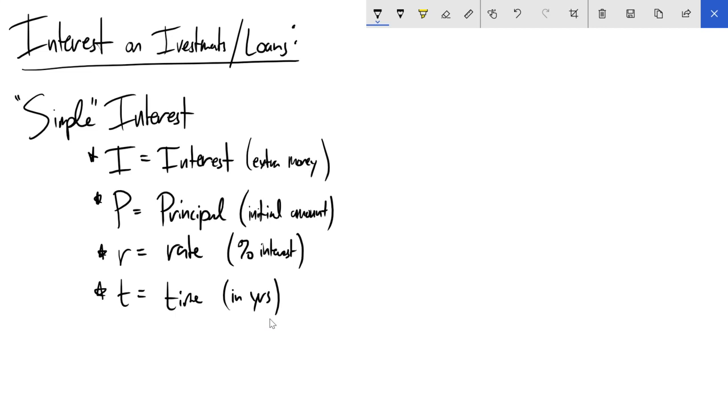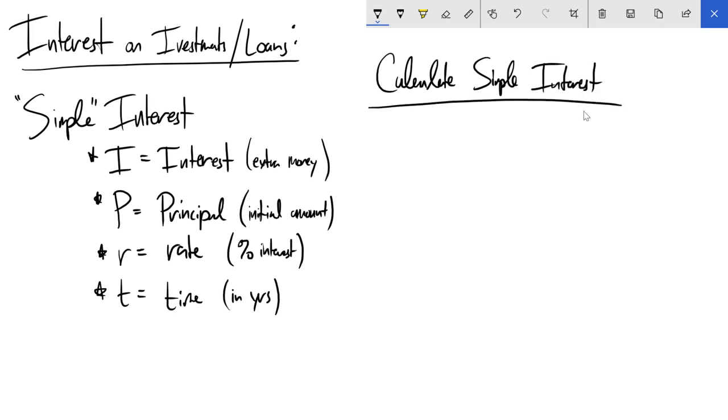With all these variables in play, to calculate the simple interest that you're going to charge someone for a loan, the formula says that you can calculate interest by taking the principal times the rate times the time.